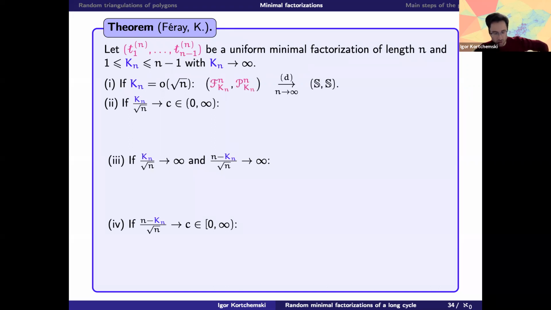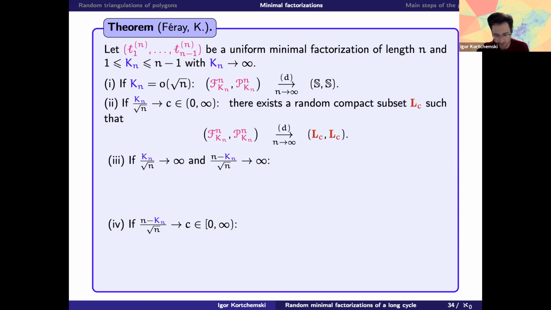And we obtain in the first case a joint convergence here to the circle. This just tells us that if k_n is little o of square root n, the length of the longest transposition tends to 0 in probability. No large transpositions have appeared.